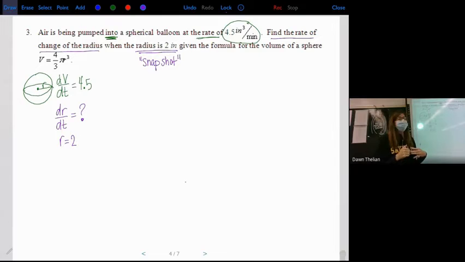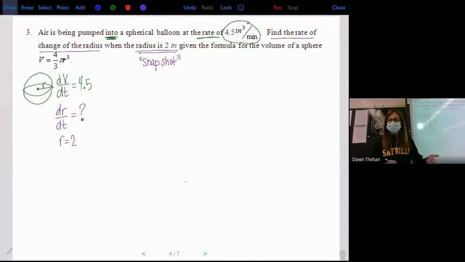Since our volume formula is not in terms of time, it's based upon the radius, what we have to get is a snapshot as to, well, when are you asking about this rate? So the radius itself, remember, isn't a constant. It's just that we want to know how fast it's increasing at the split second when the radius is 2.